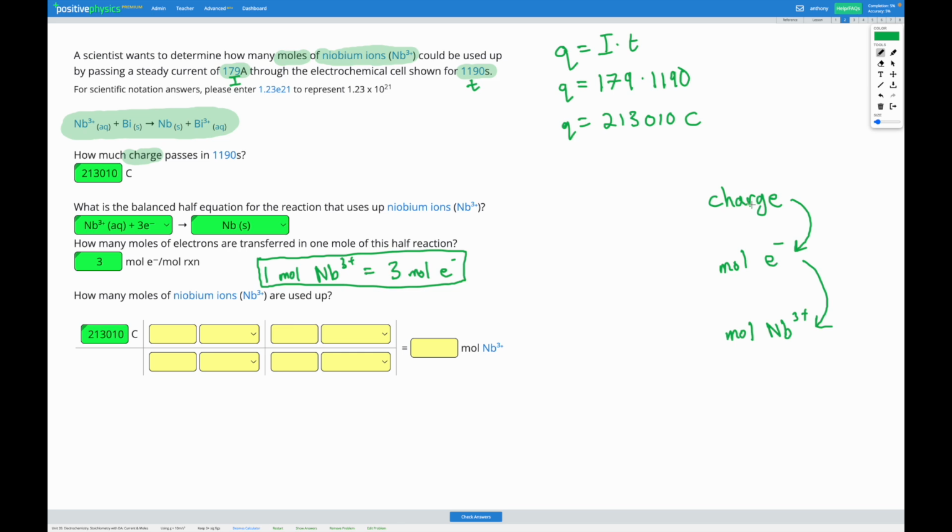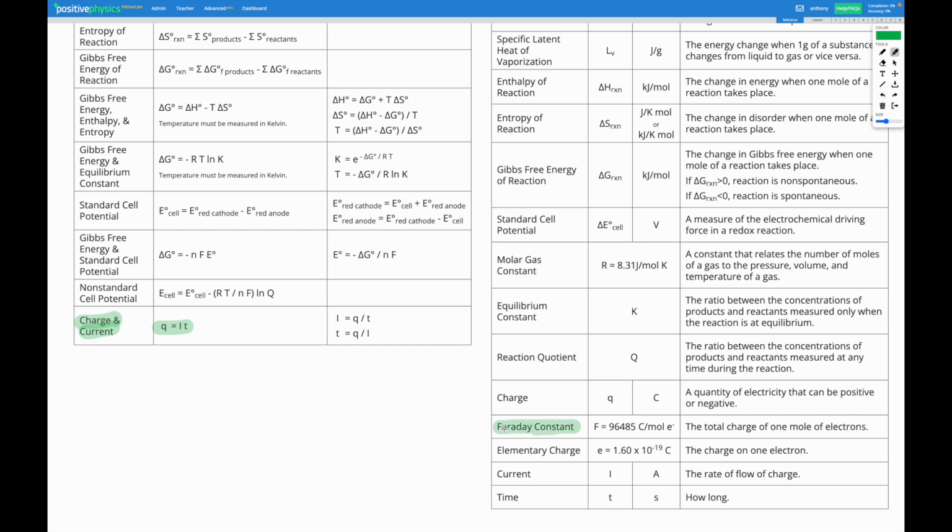Now to convert between charge and moles of electrons, let's head to our reference sheet. Here's the Faraday constant. It tells us that 1 mole of electrons has a charge of 96,485 coulombs.